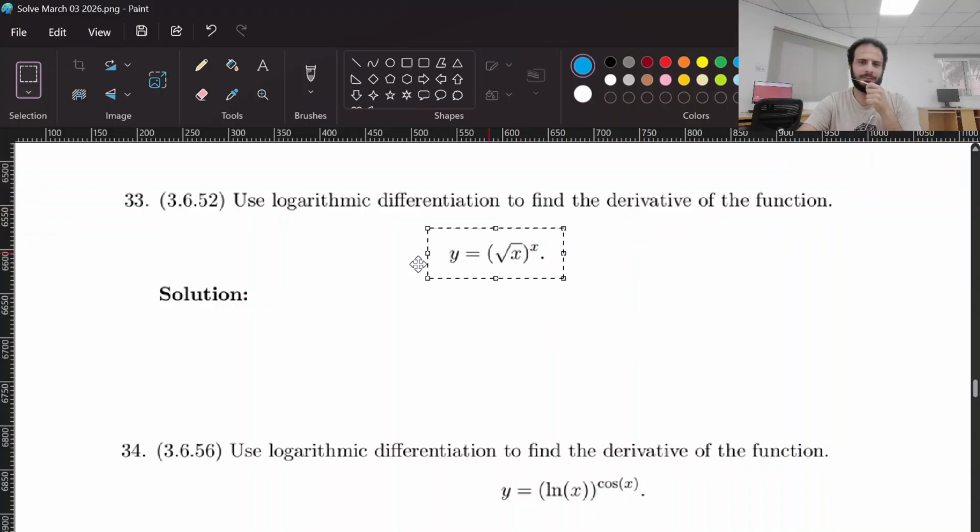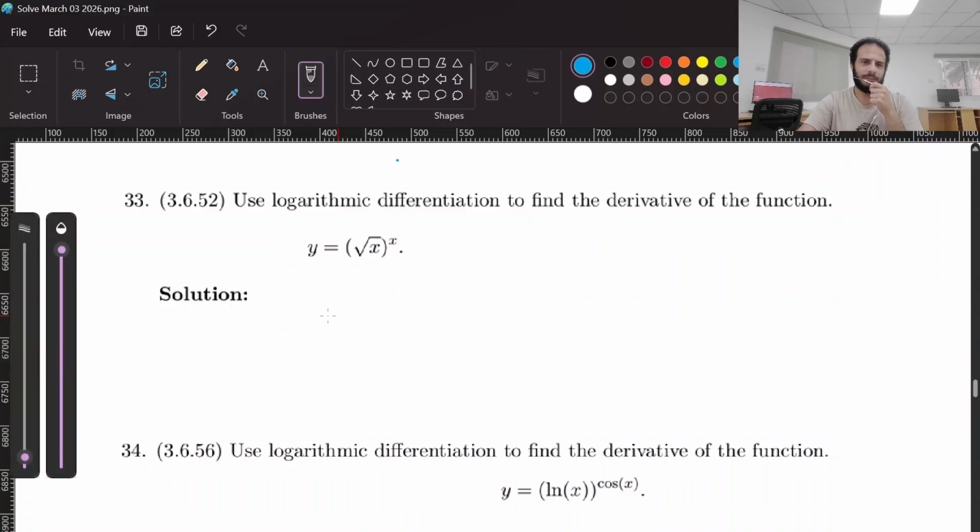We take ln of both sides. Ln y equals ln of the square root of x to the power x, and the square root of x is x to the power half, right? Yes. So we can write it as x over 2 ln x, right? Then how to differentiate this?